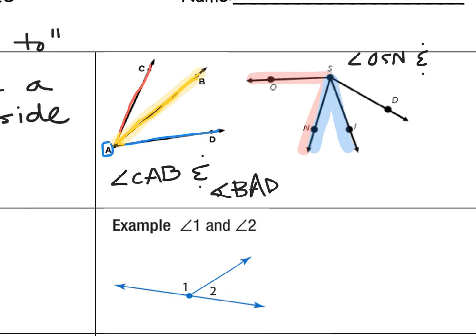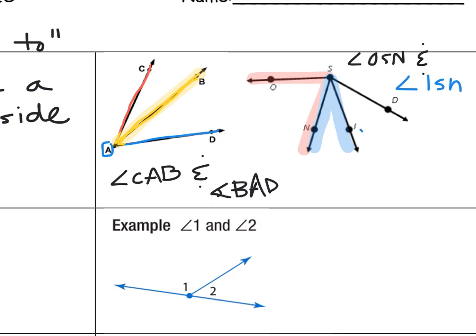So I'm going to finish that. That is with angle, let me see, this looks like an LSN. And there's other adjacent angles here too. There's also an adjacent angle here, DSL. That's adjacent with LSN. They just share a different side.